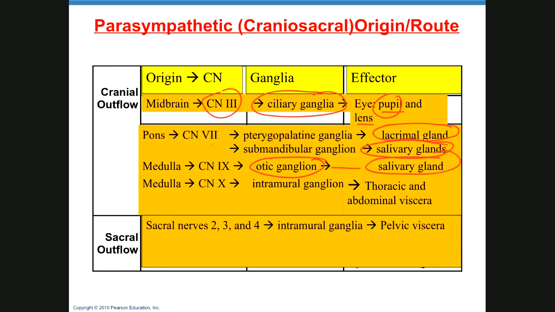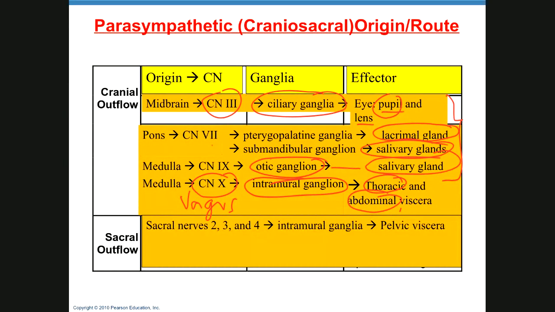And finally, cranial nerve number 10, which is the longest cranial nerve, the vagus nerve. The ganglia are several of them, called intramural ganglia, and they're going to go to the organs in the thoracic and abdominal cavities. Notice that the other cranial nerves are staying in the head, in the eyes, salivary glands within the head, versus the vagus nerve, which is going to the organs of the abdominal and thoracic cavities.